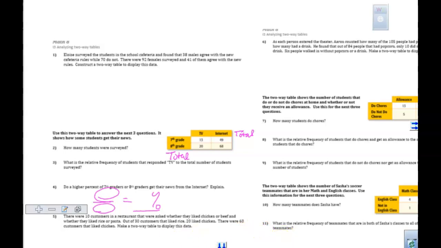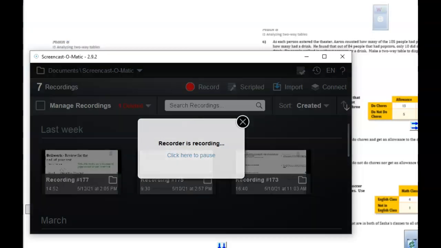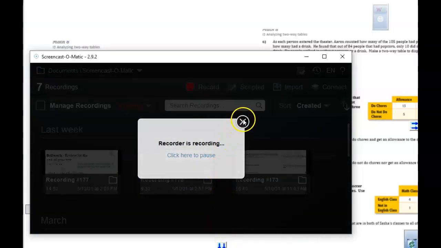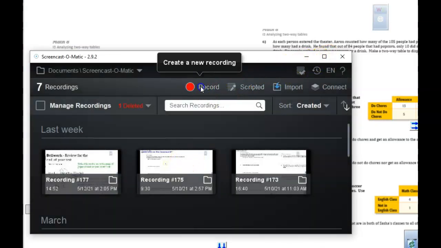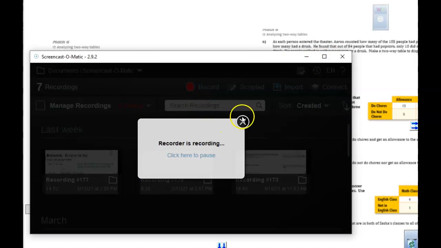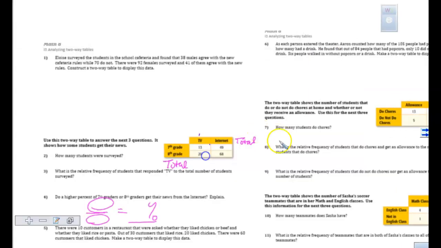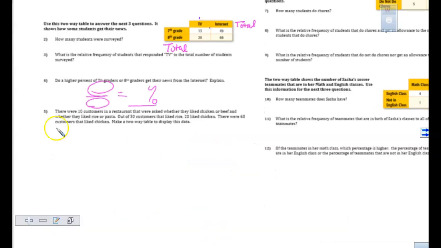So when you think about your questions that we are looking at, especially as I take a look at this one where it says customers were asked if they like chicken and beef and whether they like rice or pasta.